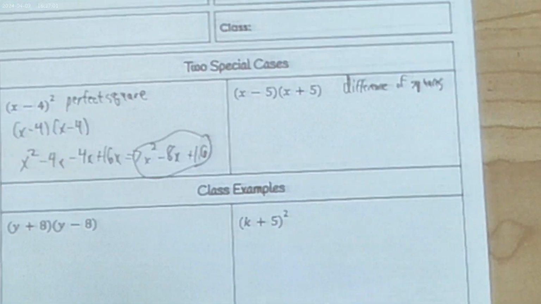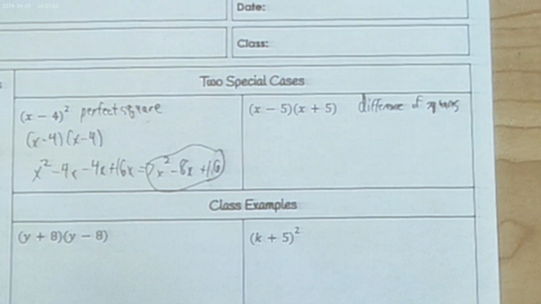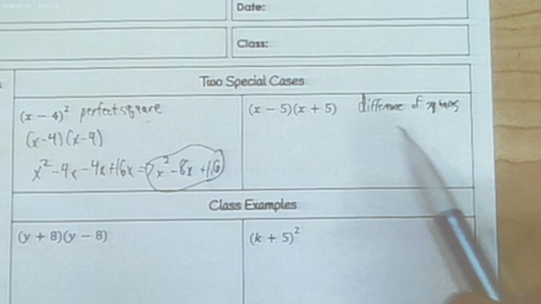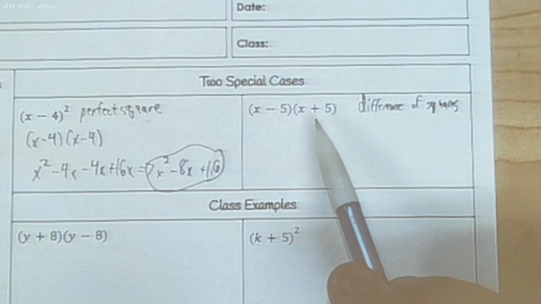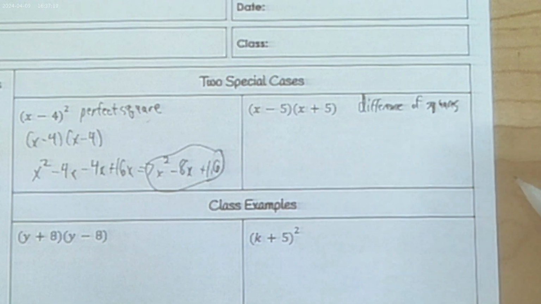And oh, there we go. And this one is, I don't want to say easier, but the big thing you want to look out for is that it's plus an element and minus that same element.